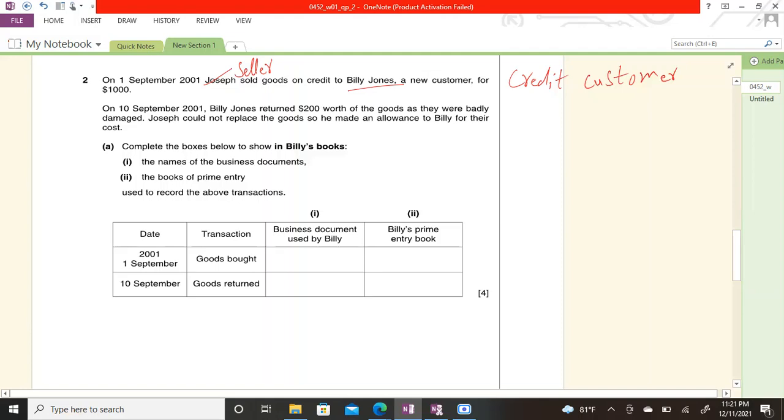Then you can see that there is a term called on credit. On credit means that the goods are sold on credit where no cash or check is involved.